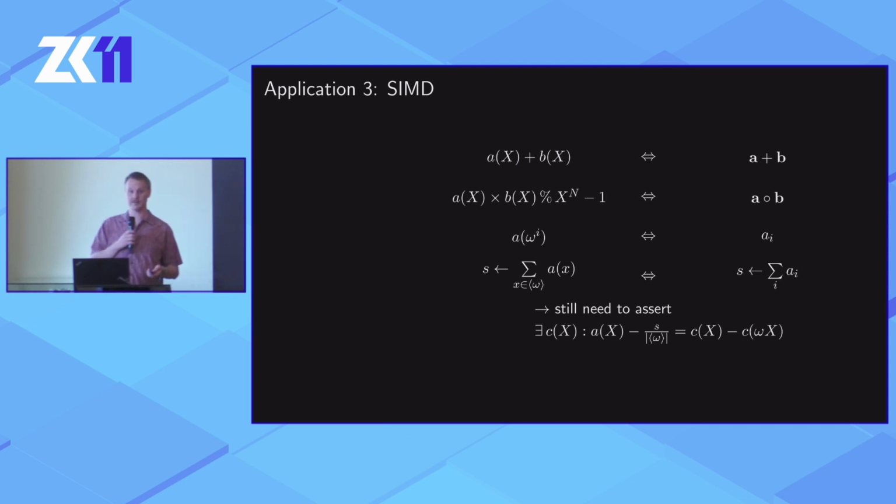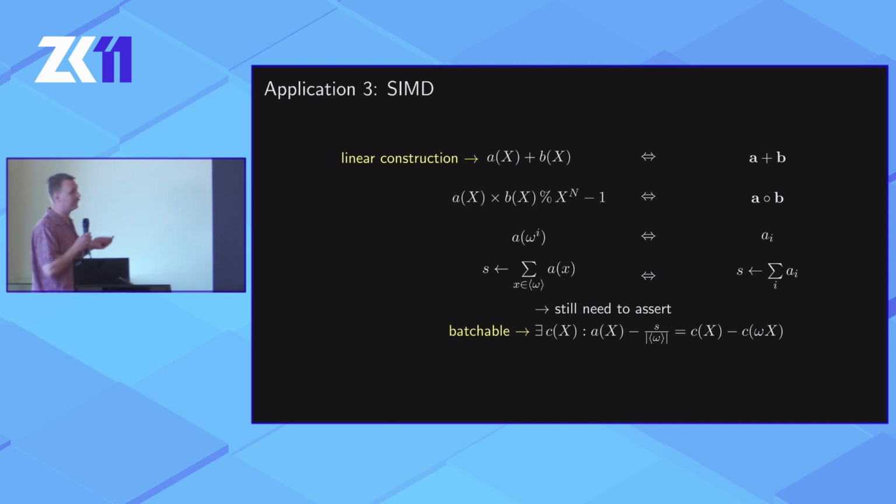That takes linear time, but you only need to construct C once, regardless of the number of sum checks that you do. You can do 100 sum checks, sum all the C polynomials, and construct it once. So that's batchable. But once again, constructing these polynomials does take linear time, and that is hinting at one of the open problems that I'm looking to solve.